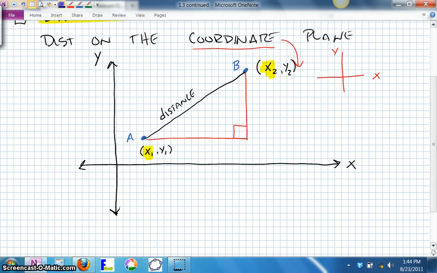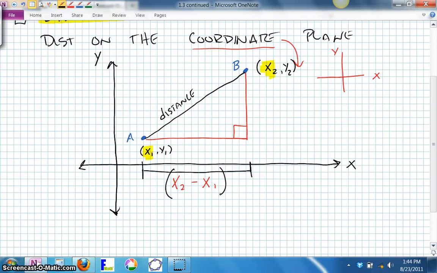The distance all the way from there to there is defined to be X sub 2 minus X sub 1, because to get to this point I go all the way over X sub 2, and to get to this point I go over X sub 1. So the difference of the two creates the distance of my line segment.